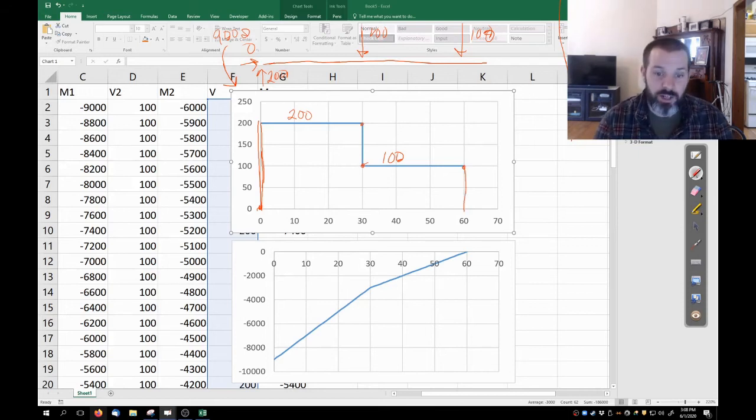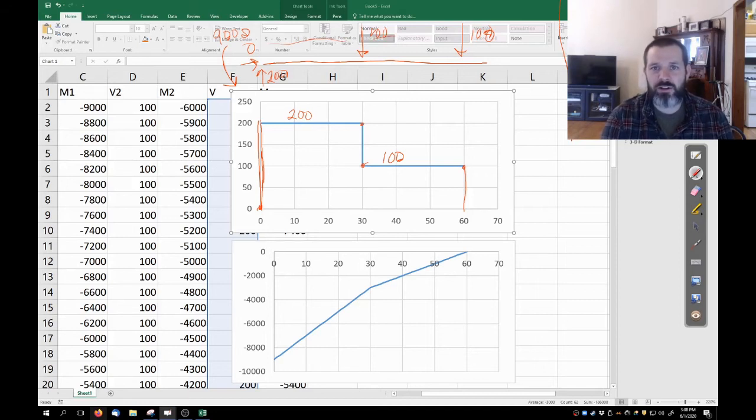Shear and moment diagrams need to begin and end at 0. That is a function of everything being in equilibrium. And that falls into place with the shear diagram we just created. We start at 0, we have a 200-pound reaction force up, so we go from 0 to 200. There are no other forces on the beam, so it stays constant at 200.